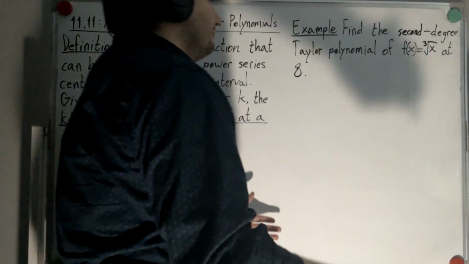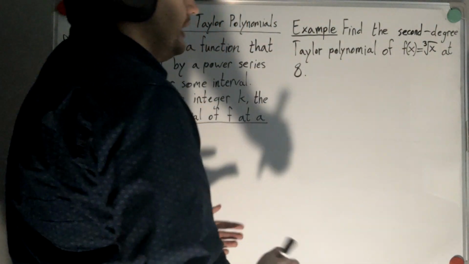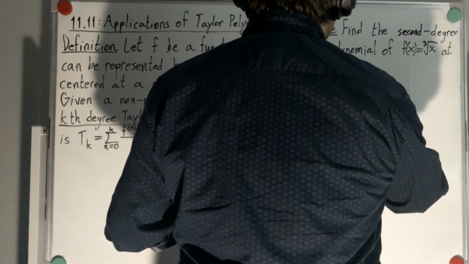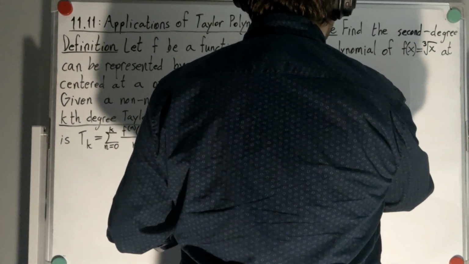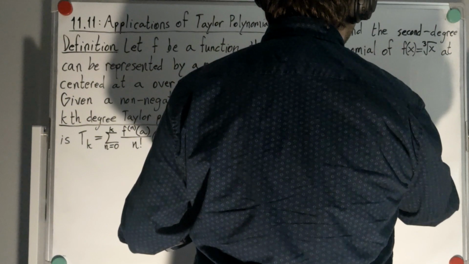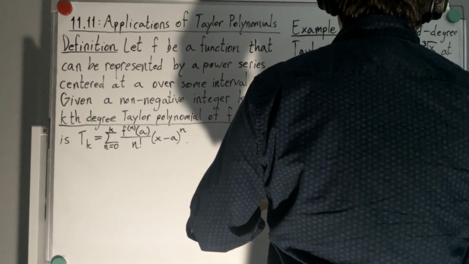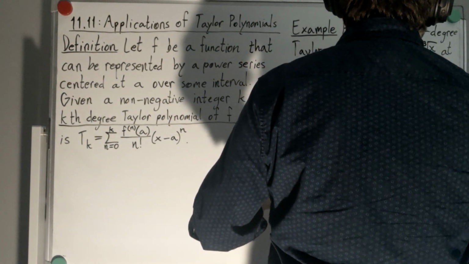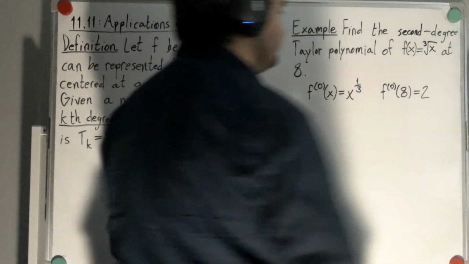So in order to do that, we're going to need at least 2 derivatives. So first of all, the 0th derivative of f is just x to the 1/3 power. Evaluate that at 8, and what you get is 2.